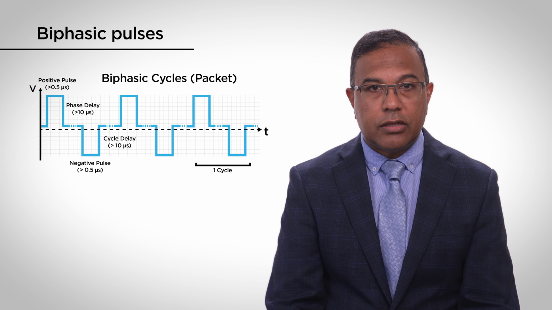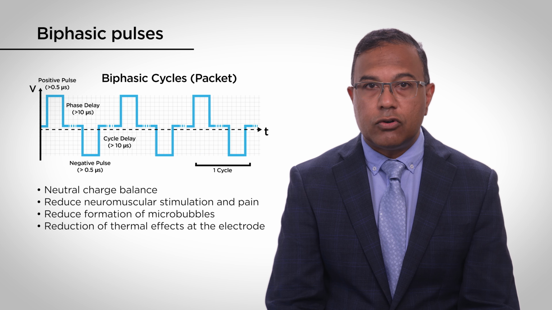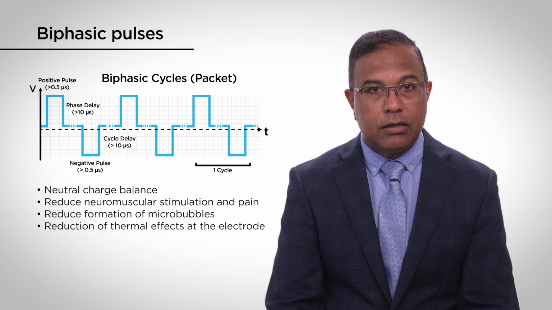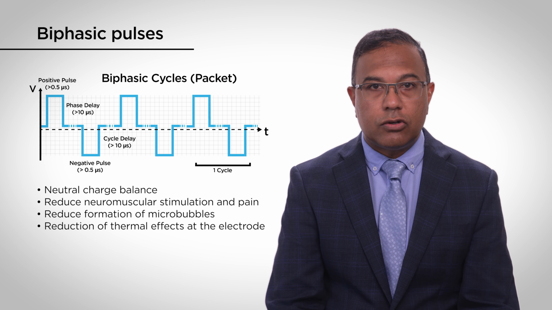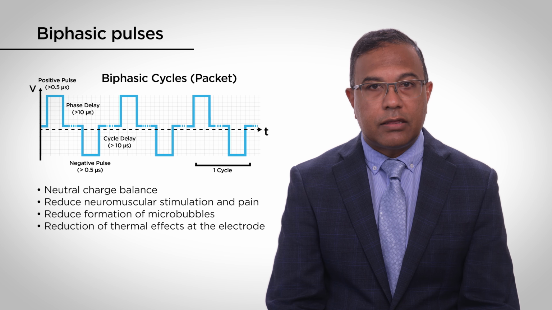Biphasic pulses, on the other hand, maintain a neutral charge balance, reducing neuromuscular stimulation and pain, reducing the formation of microbubbles, and reduction of thermal effects at the electrodes. As a result, today all intracardiac PFA systems are biphasic, but their pulse parameters are all different, and the secret sauce is really in the details.